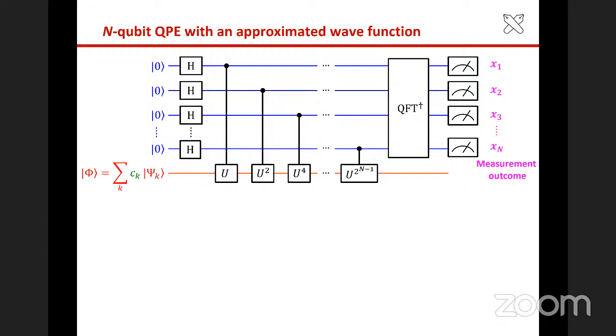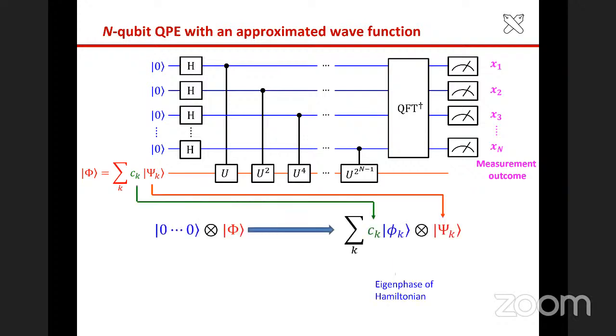And if we use an approximate wave function in the QPE, in this case I wrote the approximate wave function phi, which can be expanded as a linear combination of eigenfunctions. If we use this kind of approximate wave function, this circuit transforms the quantum state to this state.